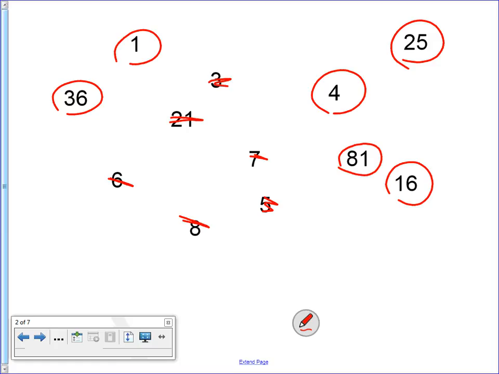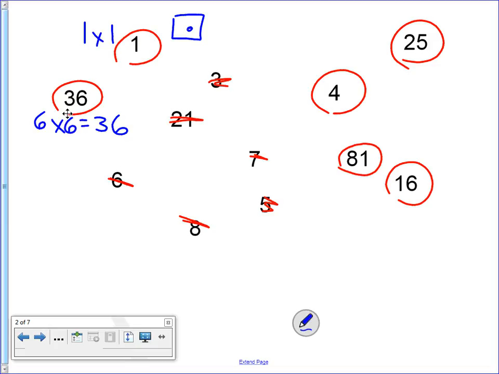I want you to take a look now. What do these numbers have in common to make a square number? We're going to go back to what we were working on earlier in this unit with rectangular arrays. A square number means, so this number is 1 times 1 equals 1. 1's a square number because we only have one dot in it. Let's take a look at 36. 6 times 6 equals 36.